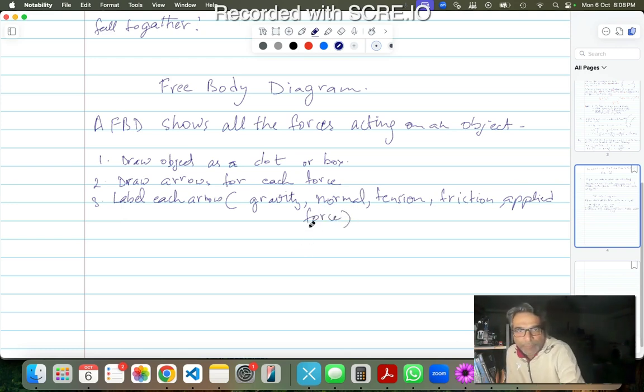Okay, you can also do this thing. It's not essential, but still, the length of arrows is equal to the relative size of the force.